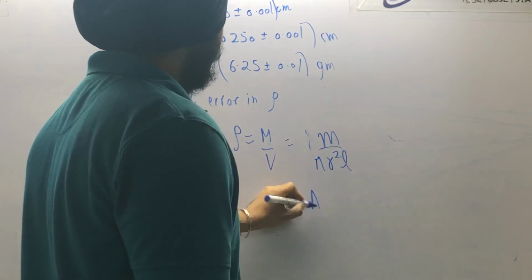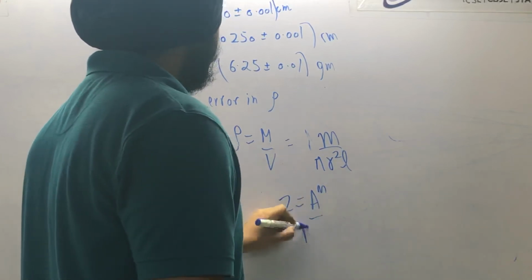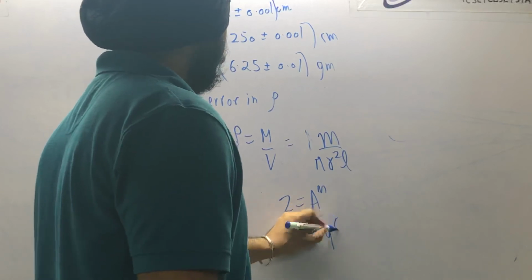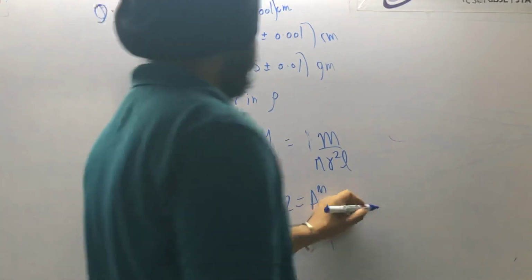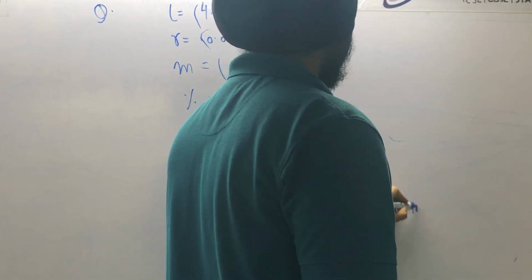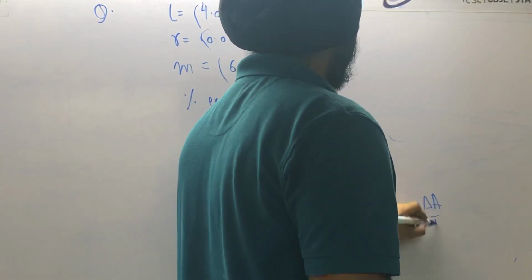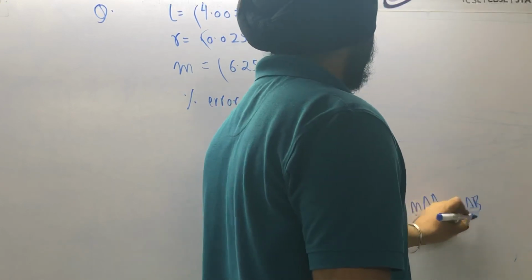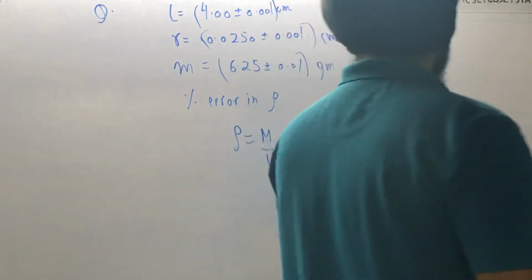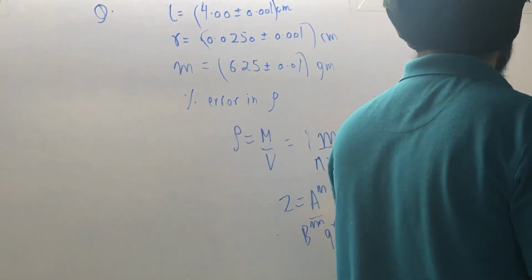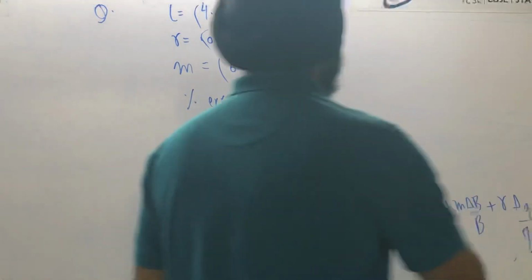For Z is equal to A raised to the power N, B raised to the power M, Q raised to the power R. Delta Z upon Z is equal to, just use this formula, N delta A upon A plus M delta B upon B plus R delta Q upon Q. Just use this formula.